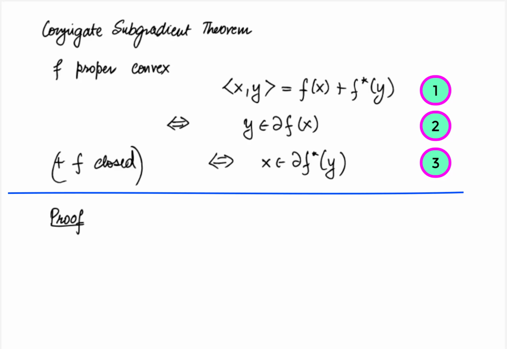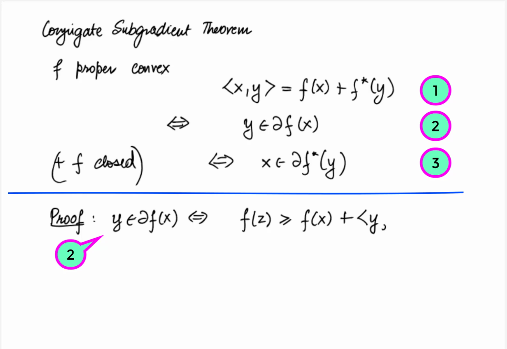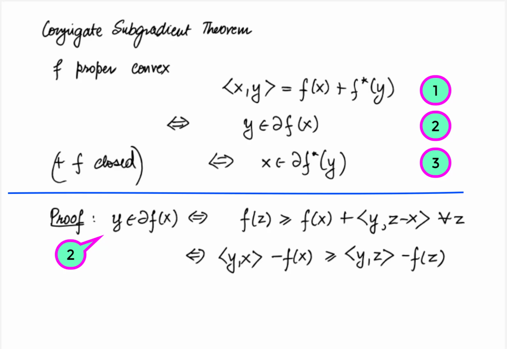To see the proof, note that the condition that y is a subgradient of f at x is equivalent to the first order condition, which is that f of z is greater than or equal to f of x plus inner product of y comma z minus x, which is equivalent to y comma x inner product minus f of x greater than or equal to inner product of y comma z minus f of z, which is an inequality which holds for all z, and therefore equivalently it also holds when the right hand side is maximized over all z.